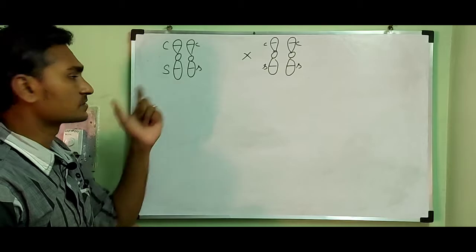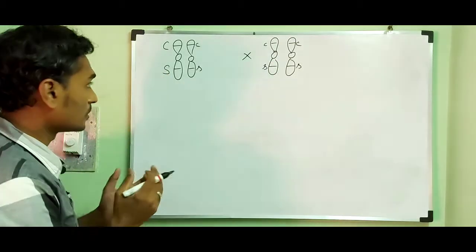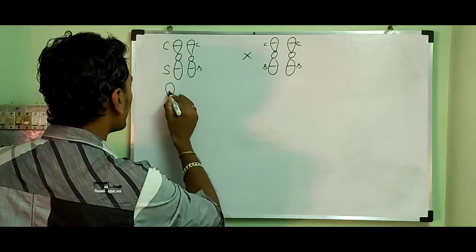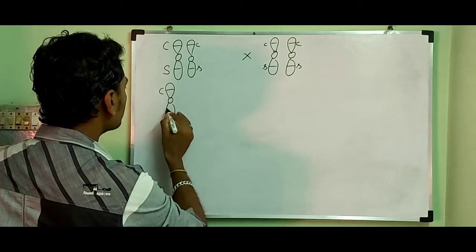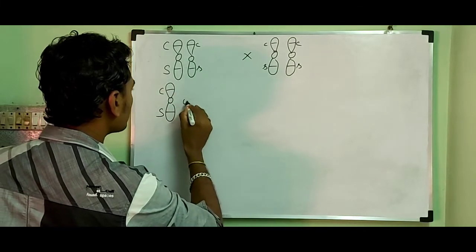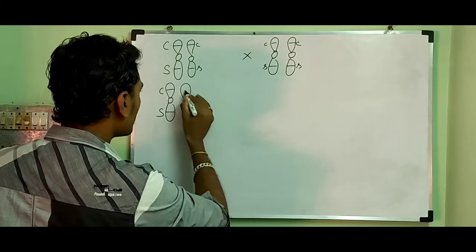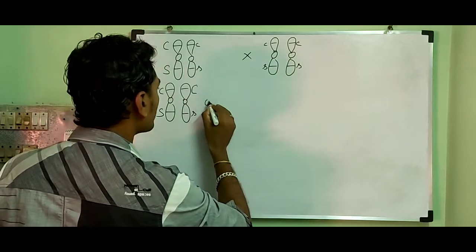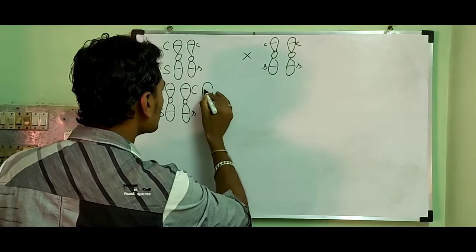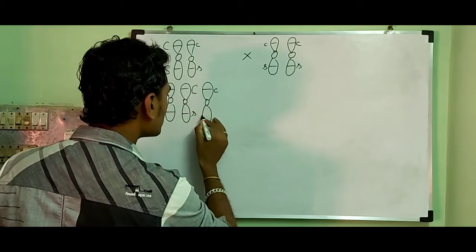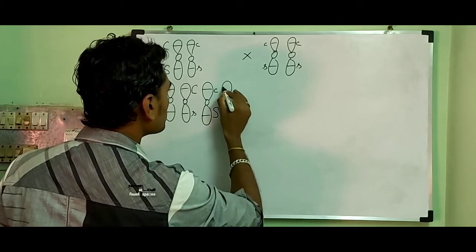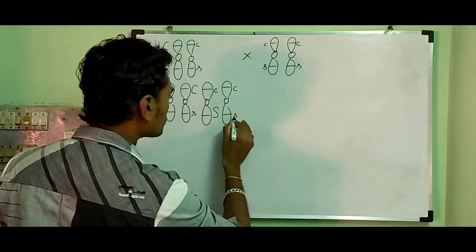The gametes produced by the dominant parent are capital C, capital S, then capital C, small s, then small c, capital S, then small c, small s.